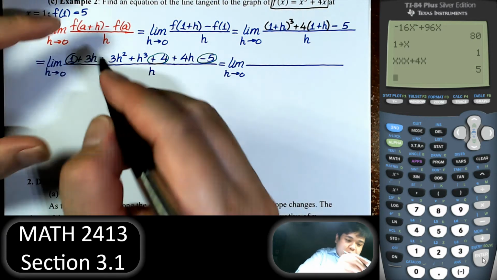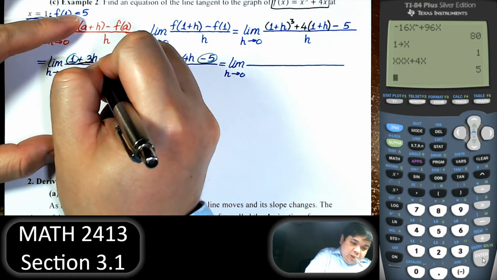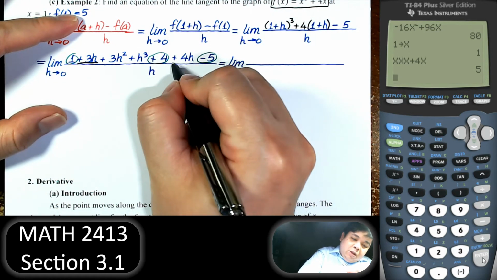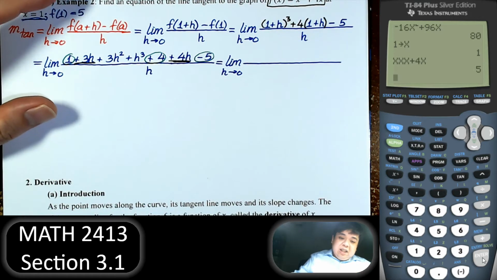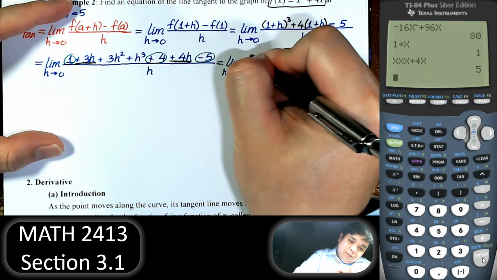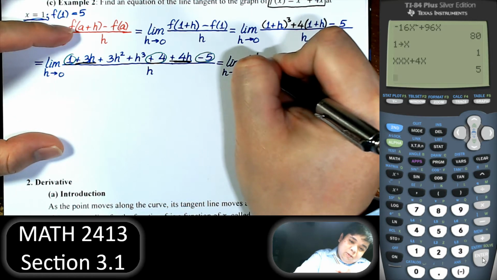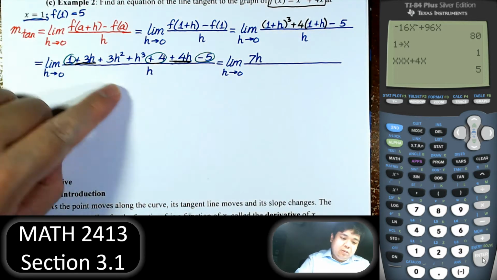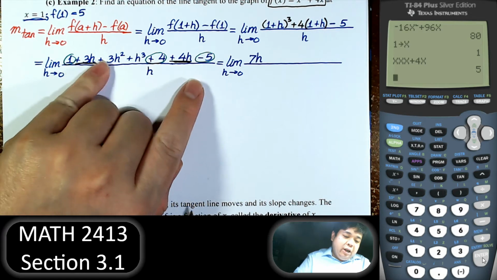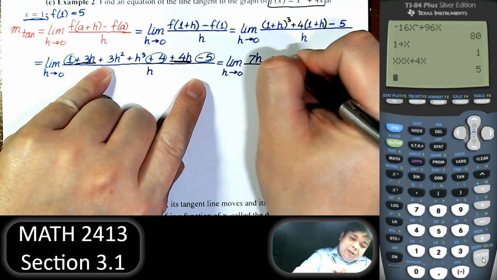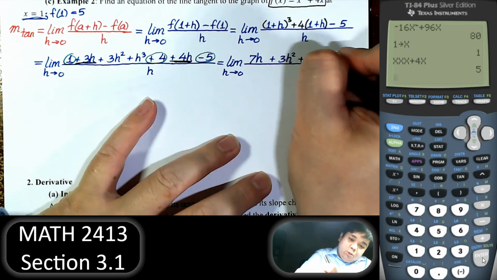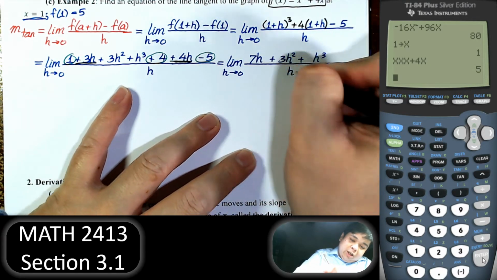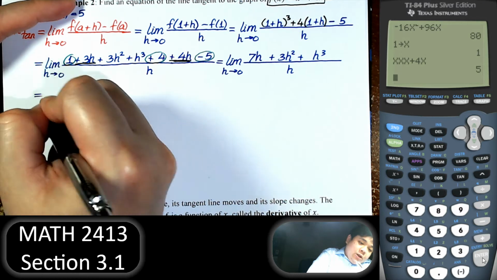Next, the h terms, we have 3h and 4h, and that is 7h. Then 3h squared and h cubed, over h. We can factor out the h.